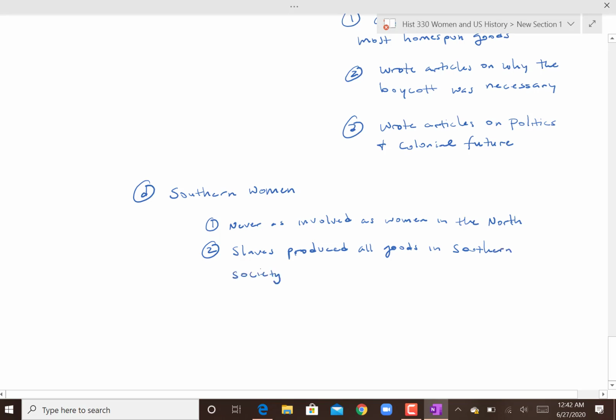And on top of that, it was seen in the South as women and labor for the wealthy and elite was seen as bad because, of course, it was connected to the idea of slavery.